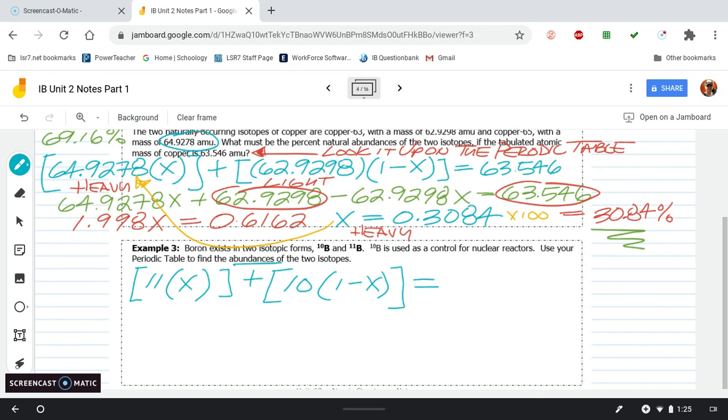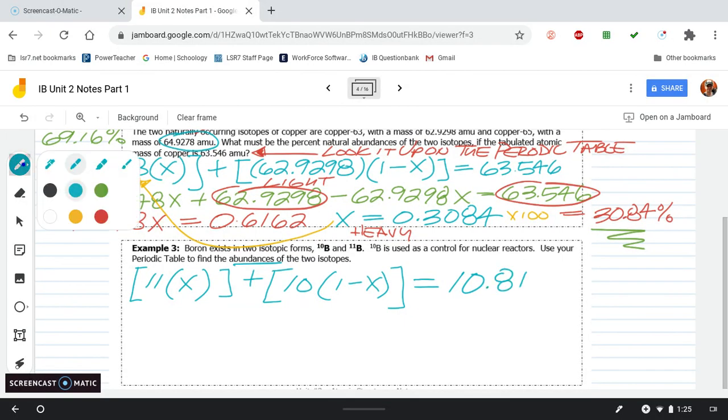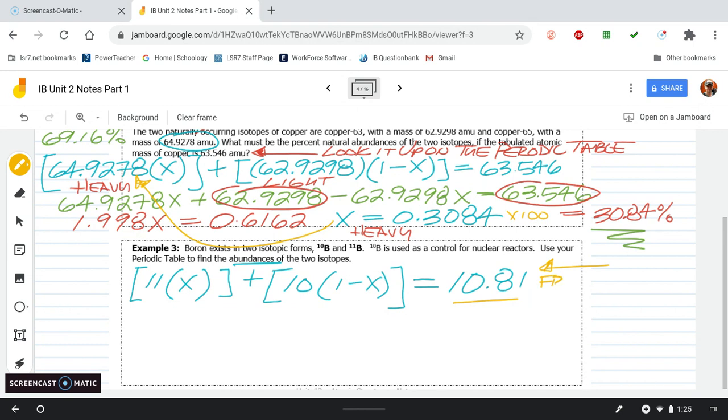Notice on this one, they didn't give us the periodic table value. We have to look that up. So let's look at boron, and that's 10.81 on your periodic table. You should make a note that I got this value from the periodic table, because you will probably forget that.